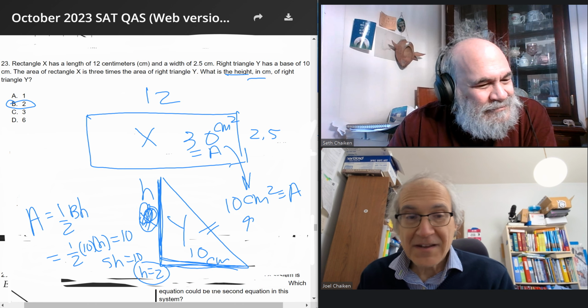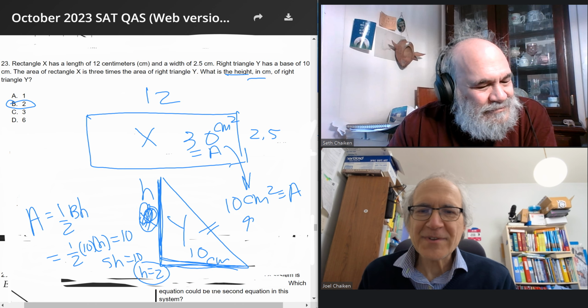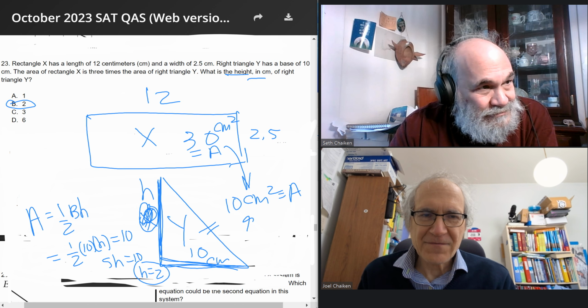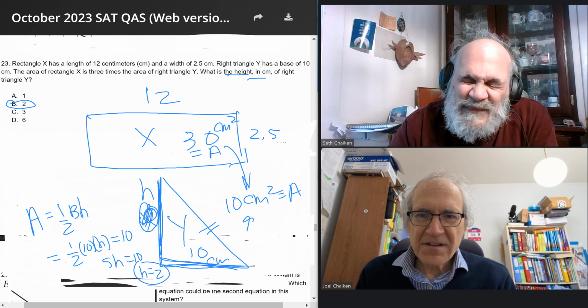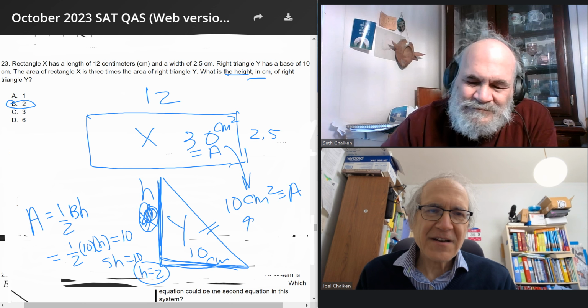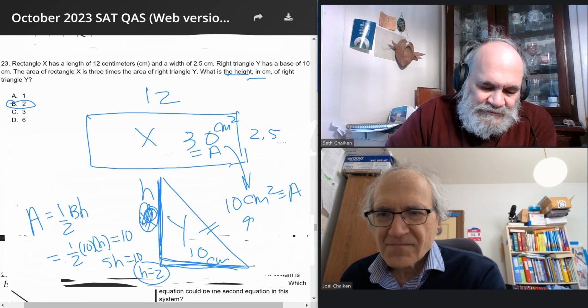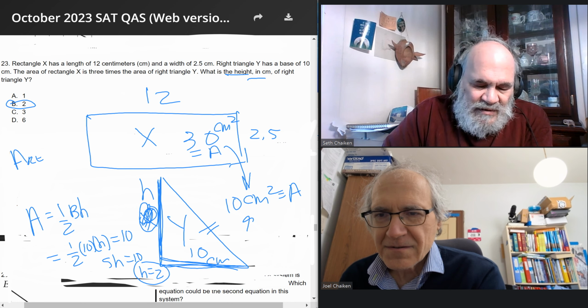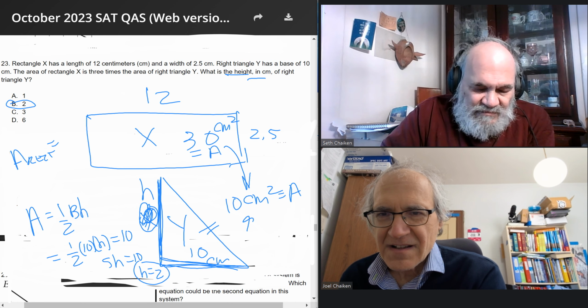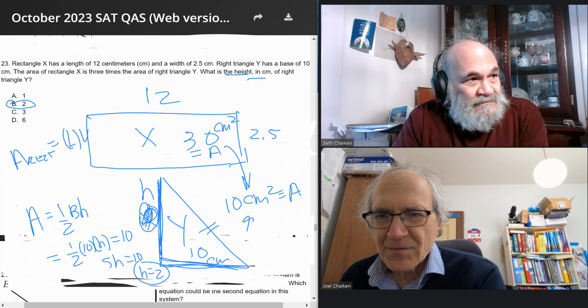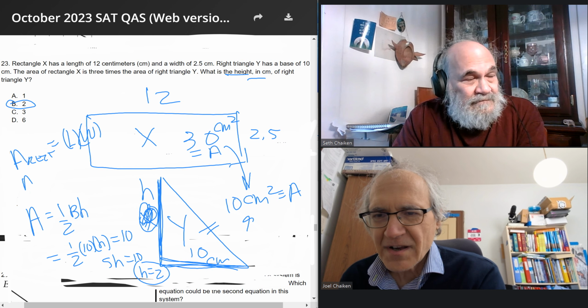I'm not sure if they do, but you should know the formula for the area of a triangle, and the same thing for the area of a rectangle. Area of a rectangle is length times width. Area of a triangle, we just did, is 1/2 the base times the height.